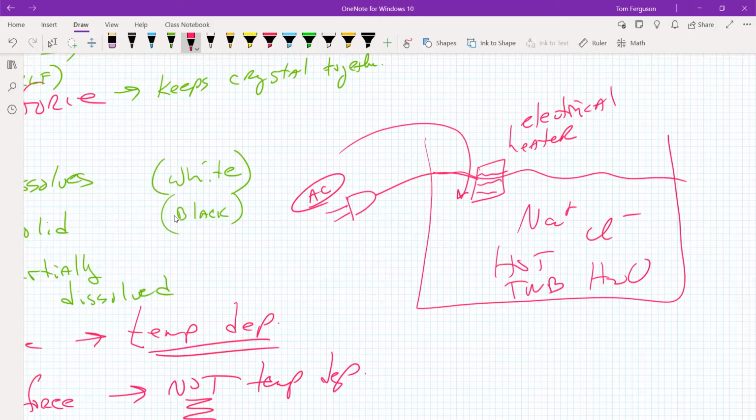The reason you are fried is why? Anyone have an idea? Everyone knows you're going to be fried, but why? The reason is you have charged ions in the water.